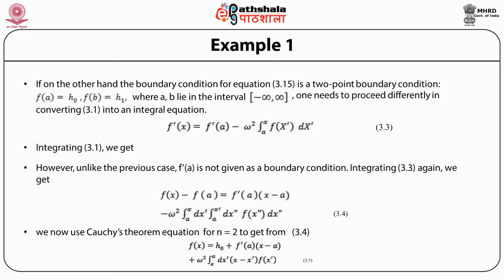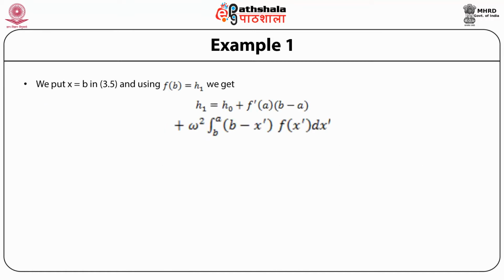So the double integral simply becomes an integral from a to x of dx prime, the integrand being f(x prime) into (x minus x prime). Now we put x equal to b, and we have the boundary condition that the value of the function at this second point b is specified. So f(b) is equal to h1.